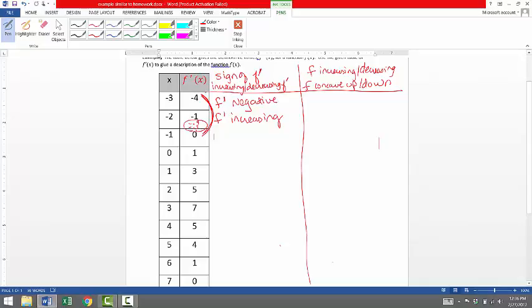So note what that now tells us about f. F prime is negative, so f is decreasing. F prime is increasing, so f is concave up.